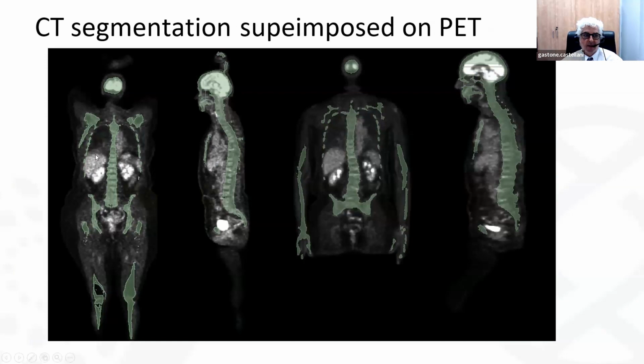So you can see that there are some regions that are very active from a metabolic point of view, the brain, the liver, etc. But we are interested in lesions near the spinal cord, because these lesions have been classified by a medical doctor as lesions that are very important for predicting the outcome.